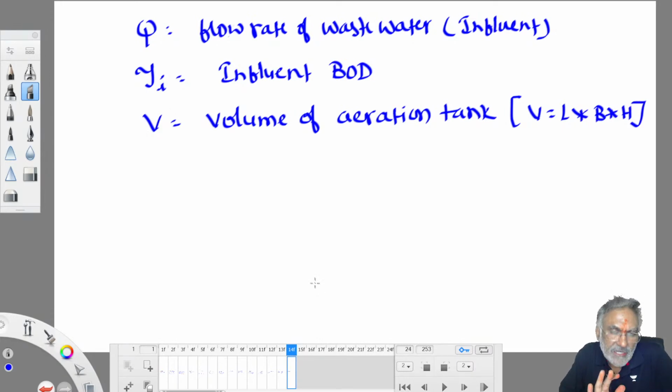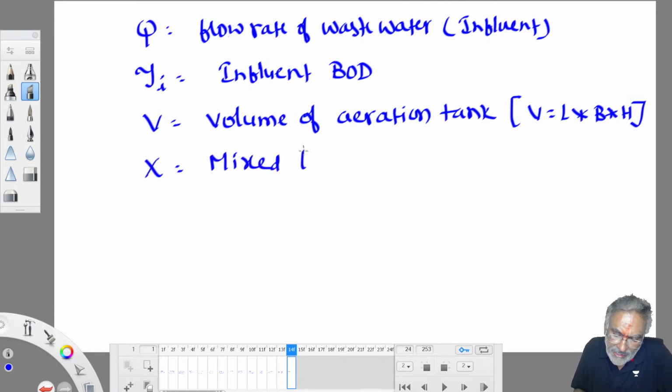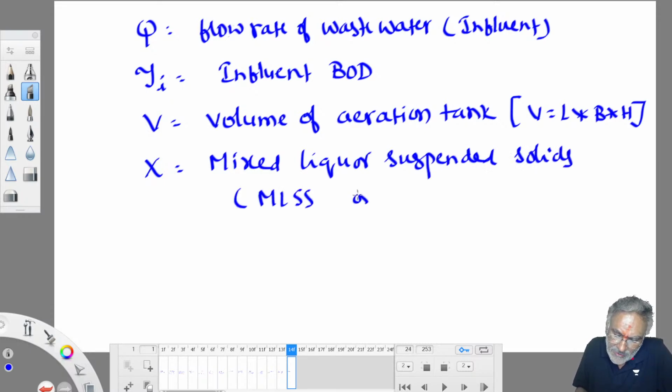Sludge is not treated in the activated sludge process. Only wastewater is treated. First, listen. I have not completed. X is equal to mixed liquor suspended solids. In shortcut, we write it as MLSS. Sometimes we also take it as MLVSS.